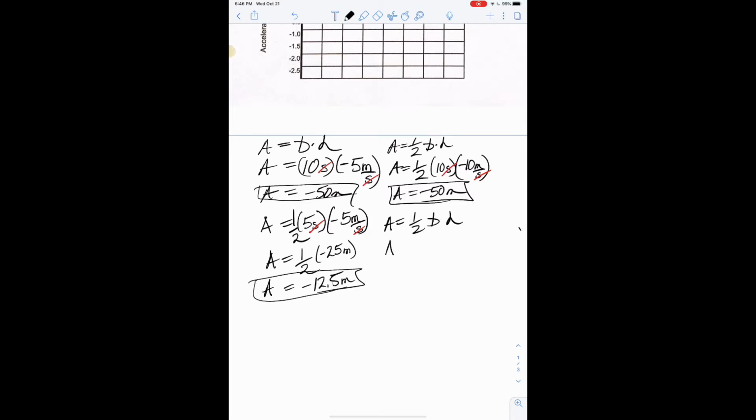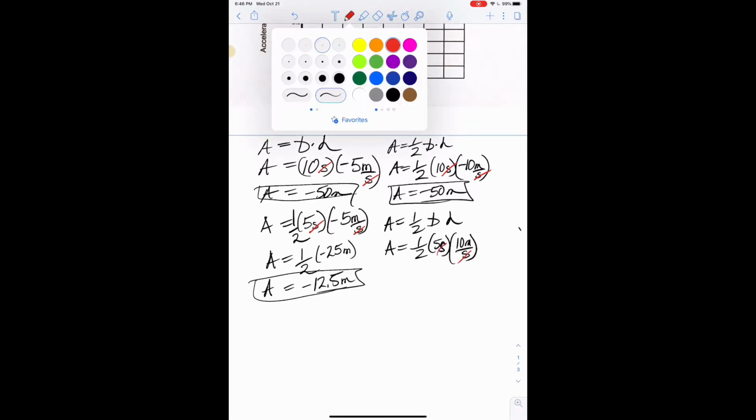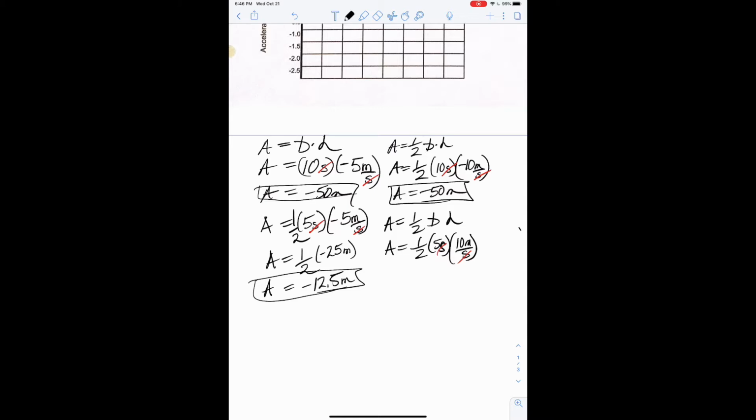Not going to forget that 1/2 this time. 1/2, 5 seconds times a height of positive 10 meters per second. So we're going to have 1/2 of, cancel my seconds. My favorite thing to do is cancel units. It's nice to do because you're on the right path through the problem.